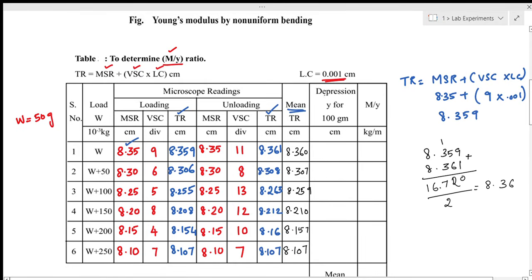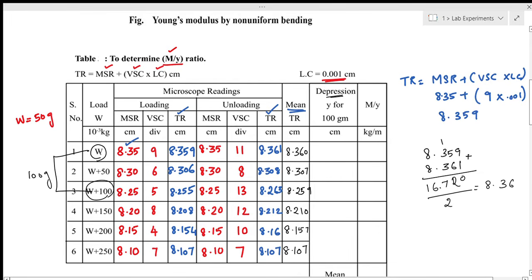Then what is the depression made for every 100 grams? Even for every 50 grams can also be taken. Since it is given as 100 grams, I am going for the difference of every 100 grams. That is, in the load point, this minus this will give you a 100 gram difference.